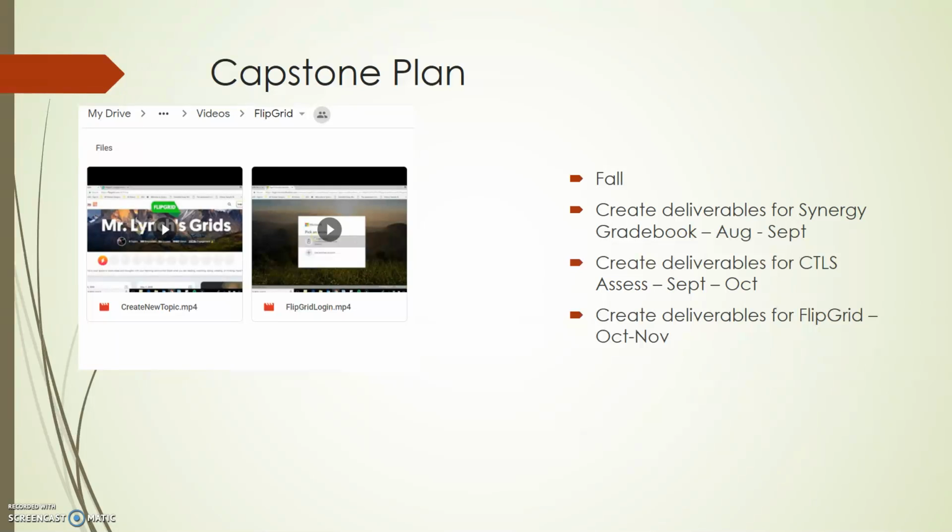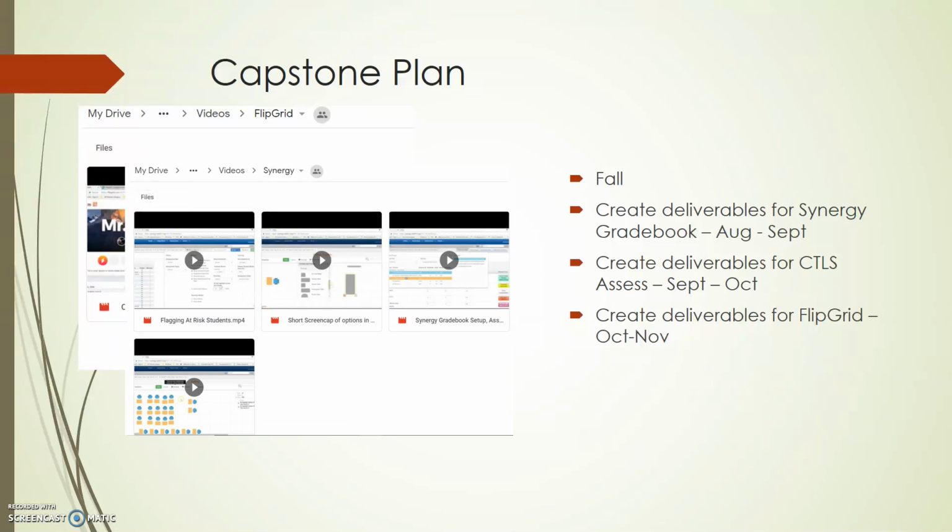I then moved on to CTLS Assess. This gave teachers the opportunity to get settled, get familiar with our school and with district policies. And then I set up CTLS Assess resources that allowed teachers to go in and start to play with these resources so that they could start to create assessments in there and then collect data that, again, could be broken down by demographics.